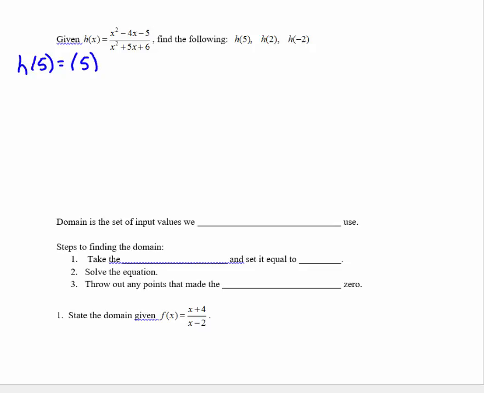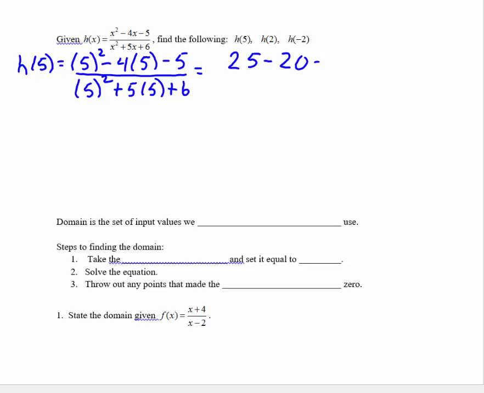Again, using parentheses anytime I do a substitution. So I get 5 squared minus 4 times 5 minus 5 all over 5 squared plus 5 times 5 plus 6. So on top, I'm going to end up with 25 minus 20 minus 5 all over, on bottom, 25 plus 25 plus 6.